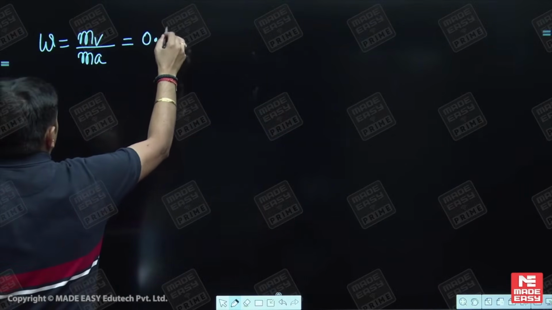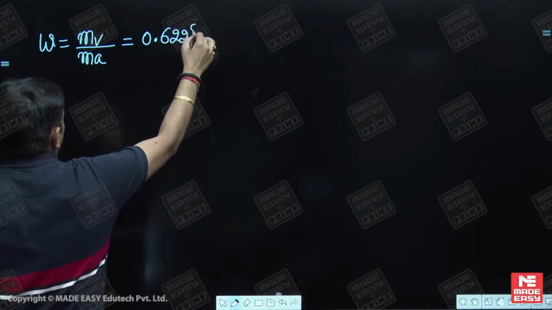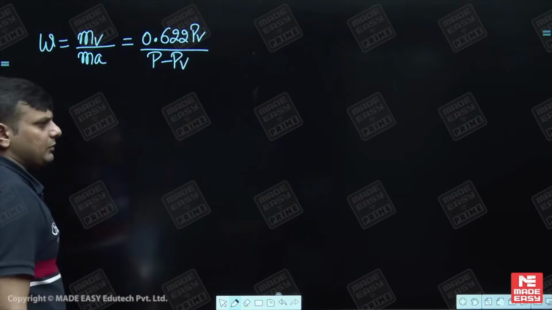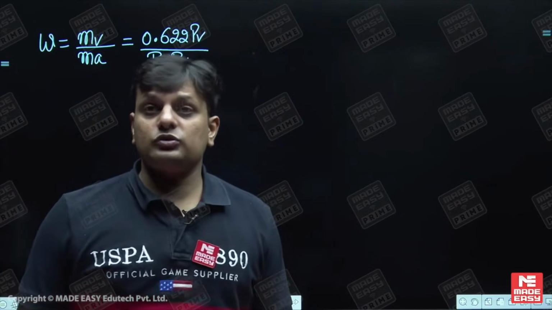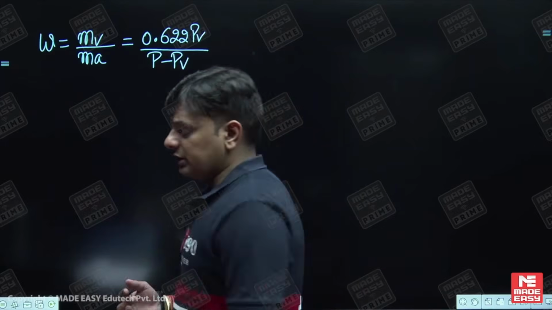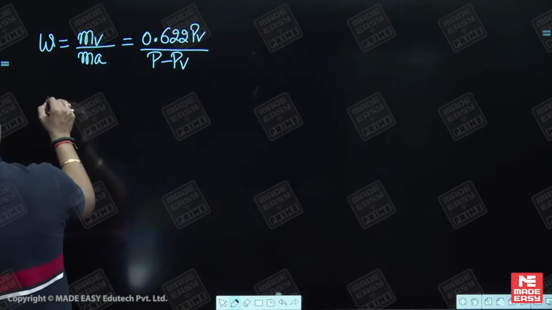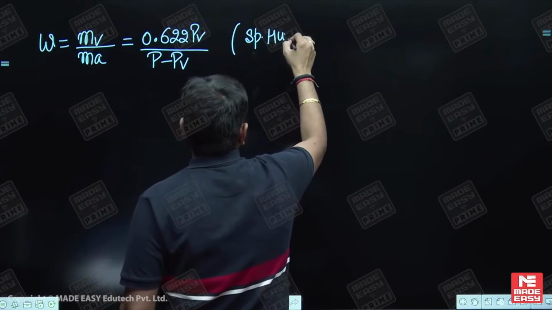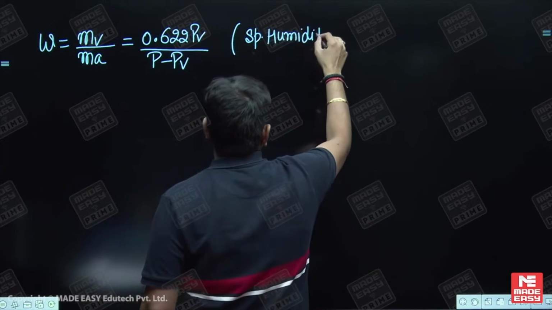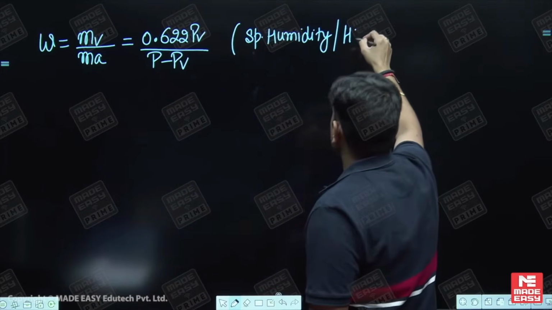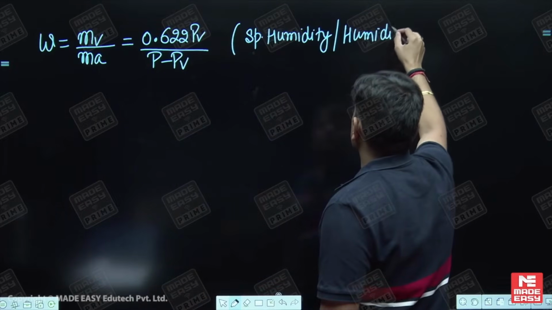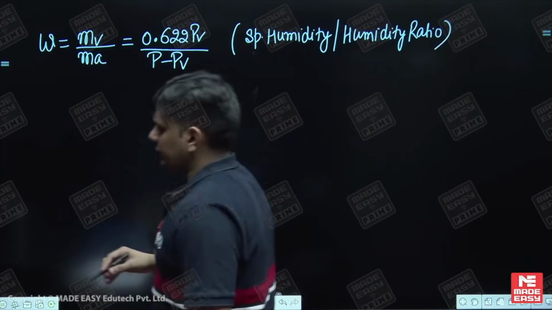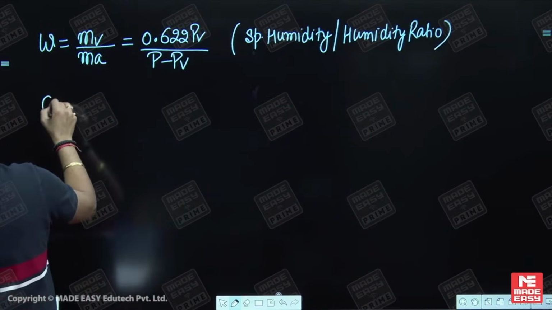Or if the values of mass are not given, then you can calculate using 0.622 PV upon P minus PV. In your GATE exam, so many times they have asked questions directly on the specific humidity. Specific humidity is also called humidity ratio. Clear?